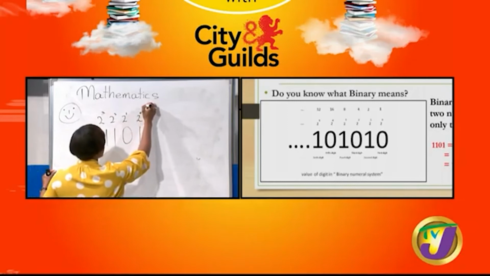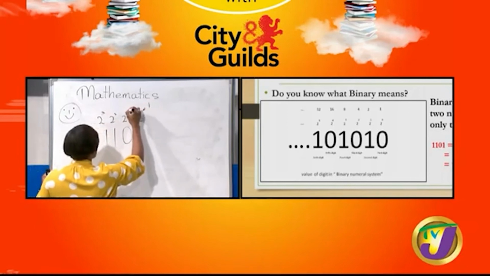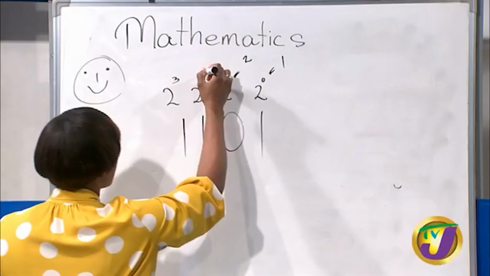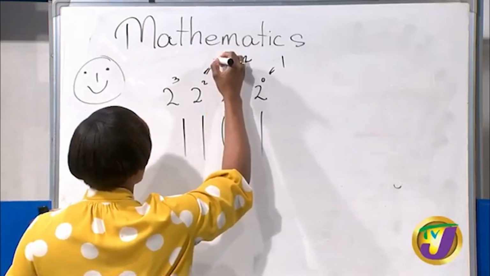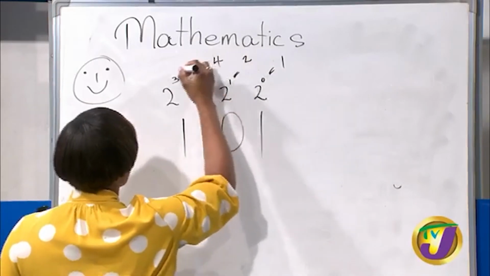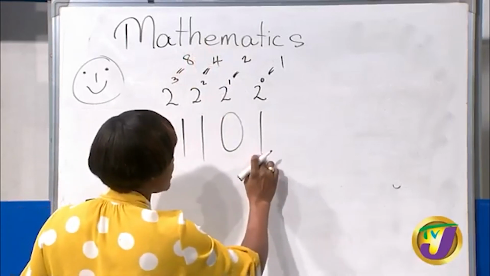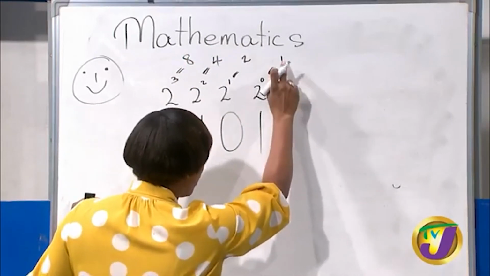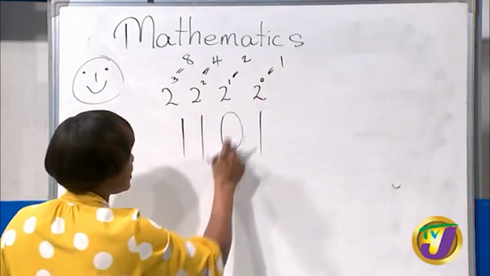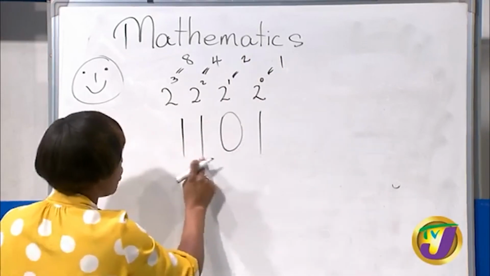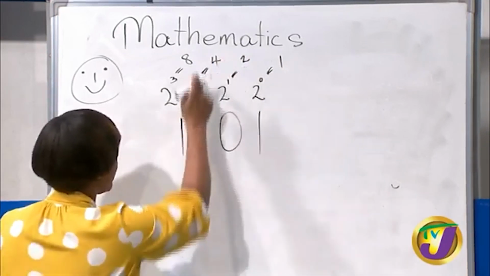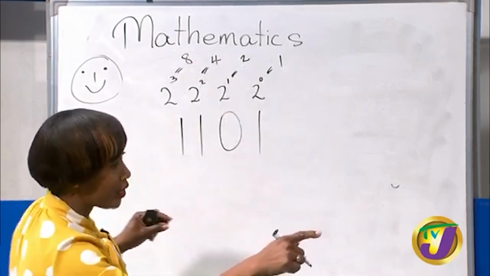I already told you that this is your ones place. This is your 2 place. This here would be your 2 times 2, 4, and this would be 8. So this one means 1 one, 0 twos, 1 four, 1 eight, which I have over here.